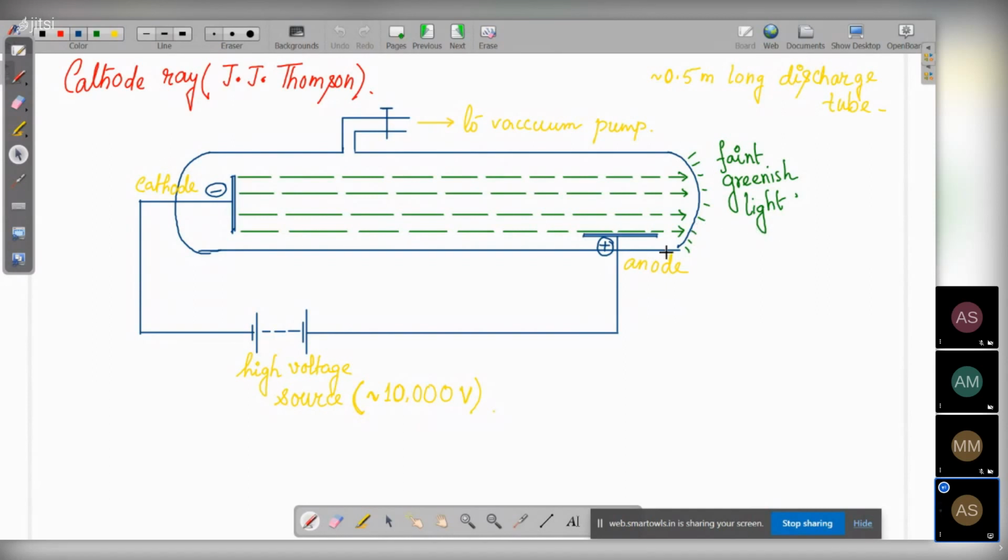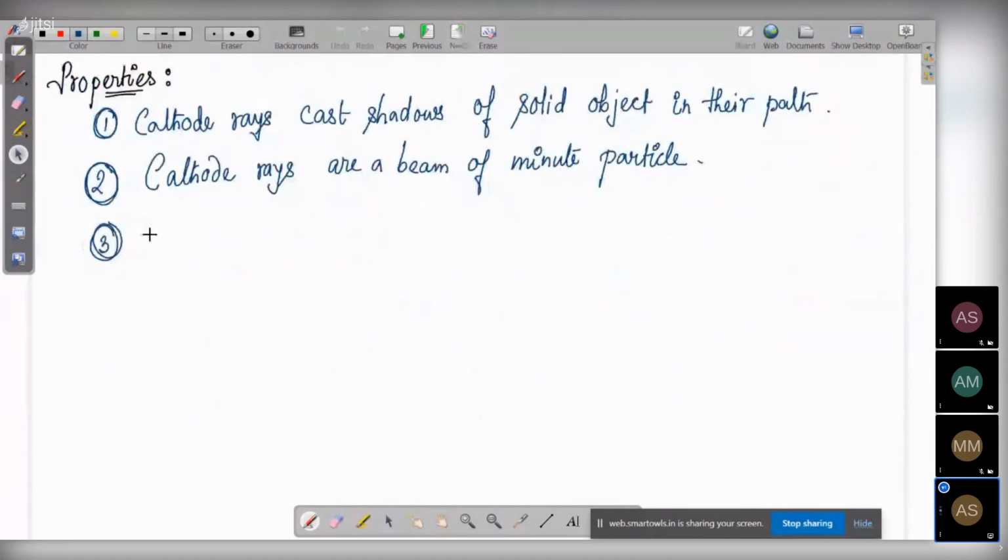So since it is going towards the positive end, that means one thing is for sure, that the cathode rays are negatively charged particles. So this was his third property. So cathode rays are negatively charged particles.